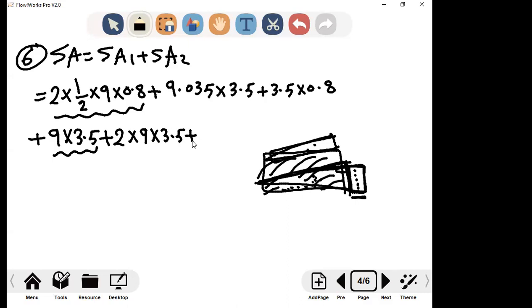Its length is 3.5 and its height is also 3.5. So here 2 multiply 3.5. The first part is for the lower prism, the second part for the upper prism. Done? Multiply and add.